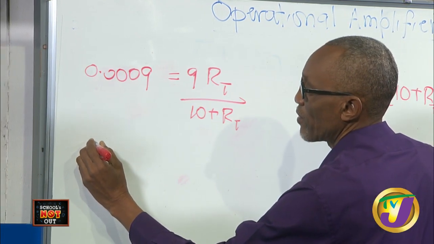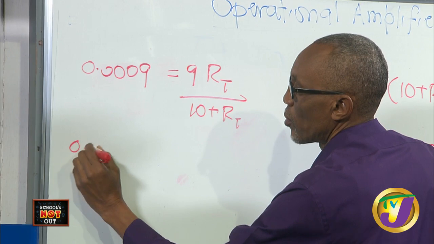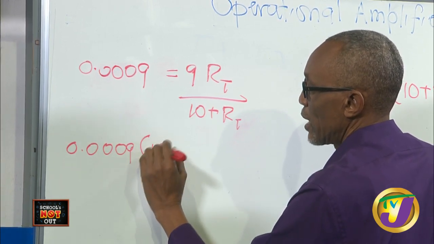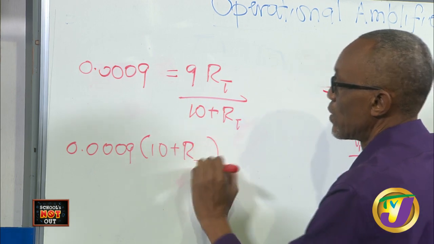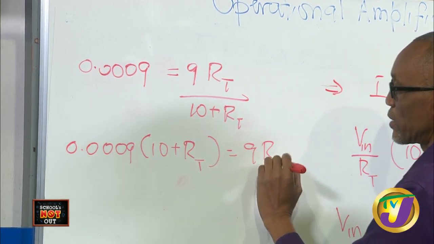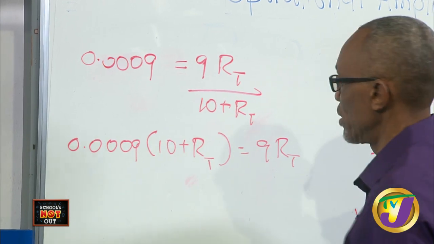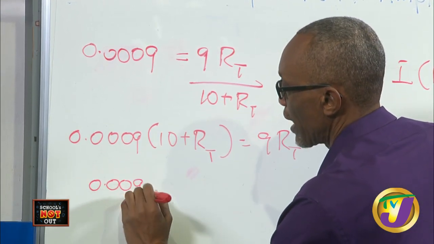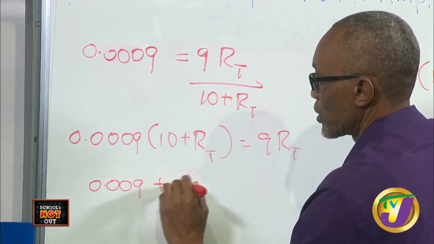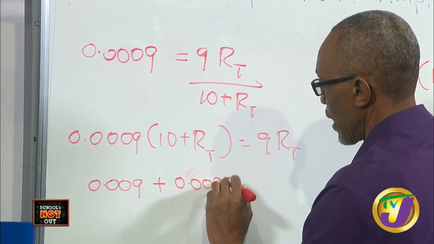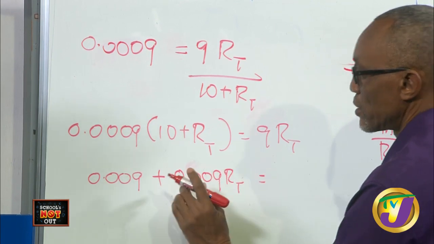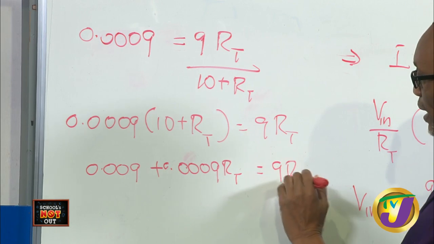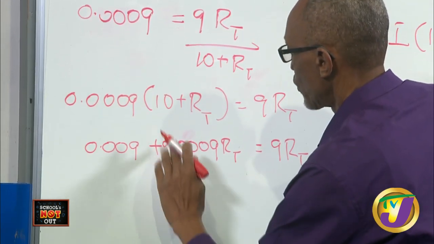We will have 0.0009 times 10 plus RT is equal to 9 RT. That gives 0.009 plus 0.0009 RT is equal to 9 RT.